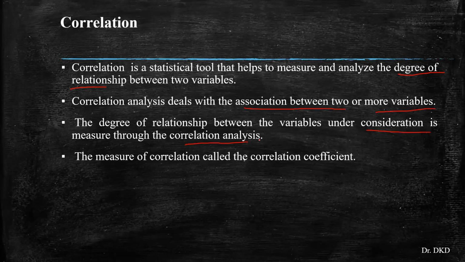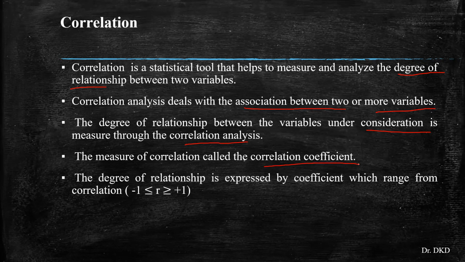The measure of correlation is called the correlation coefficient, and the degree of relationship is expressed by a coefficient which ranges from -1 to +1. So we can say the coefficient of correlation always lies between -1 and +1.